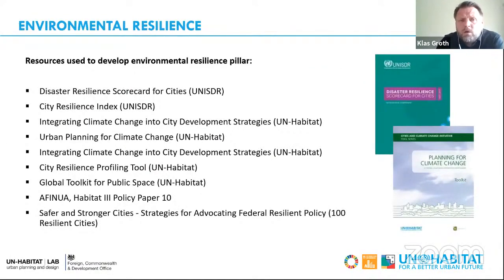Looking in particular at climate change and environmental resilience, a number of key internationally recognized publications were used. For example, the City Resilience Index, the Disaster Resilience Scorecard, the City Resilience Profiling Tool, and the Action Framework for implementation of the New Urban Agenda, just to mention a few.